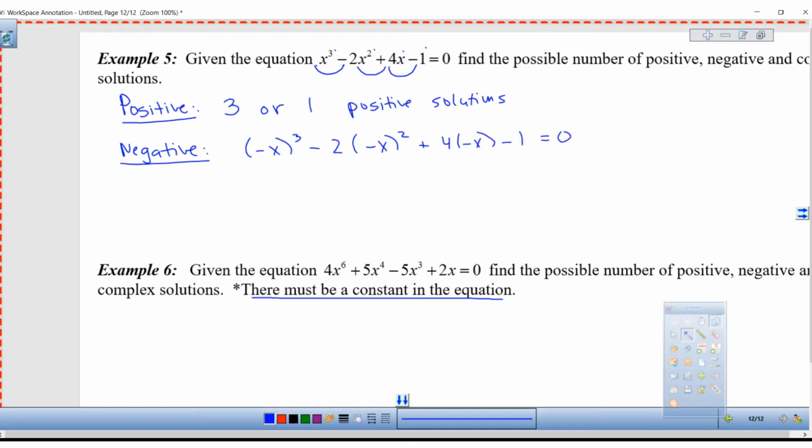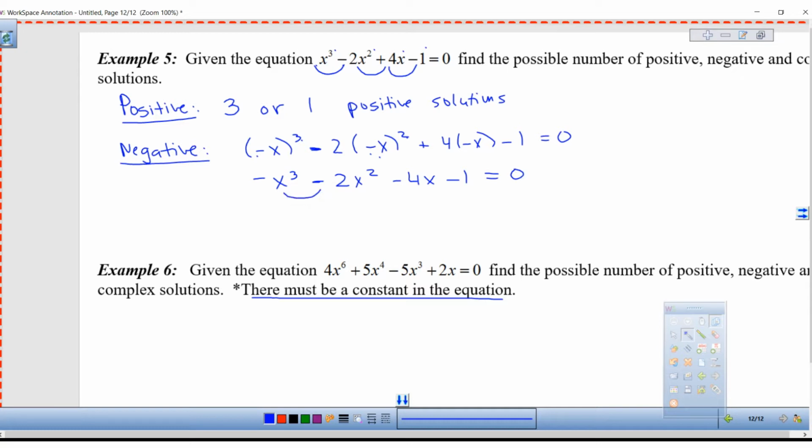Now simplify that. A negative to the third is a negative x to the third. A negative to the second is a positive, but you have that negative right there. So it's a negative 2 x to the second. 4 times negative x is negative 4x minus 1 equals 0. Count your sign changes, okay?